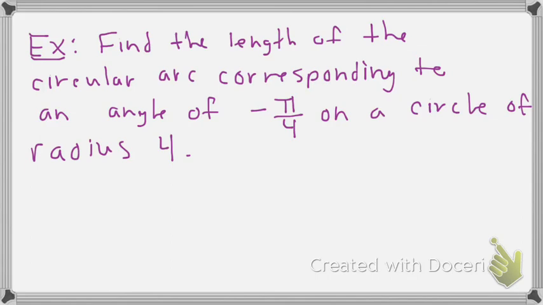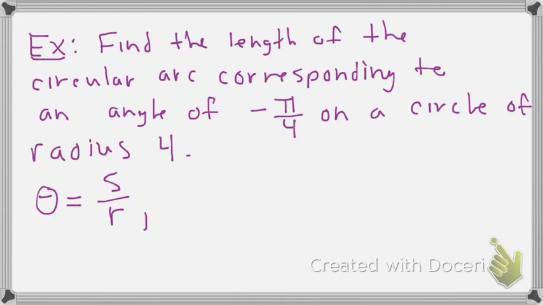So since I'm trying to find the length of a circular arc, and I've been given an angle of minus pi over 4 and a radius, we should know right away the pertinent formula to work with is the formula for the radian measure of an angle theta, which is the arc length over the radius r.